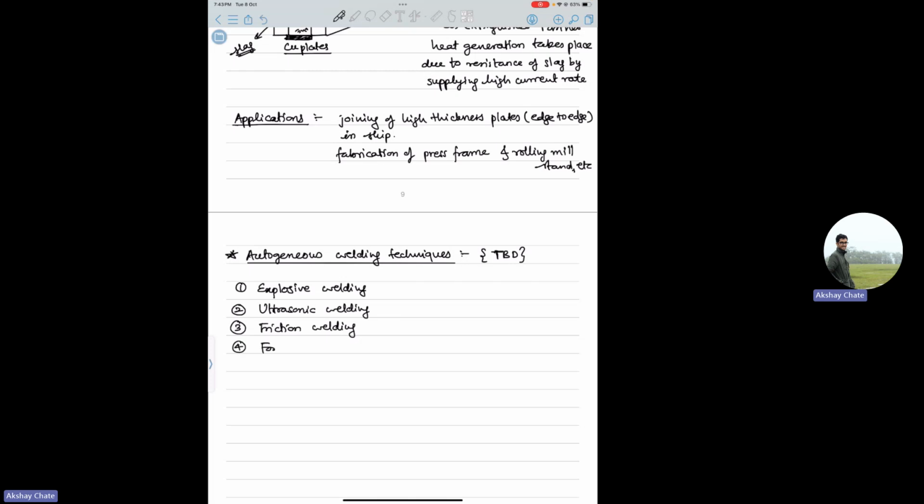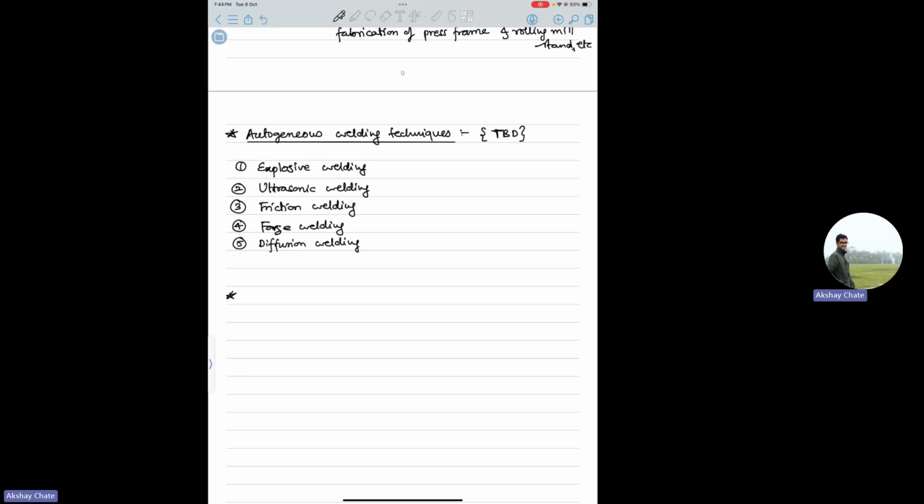Then you have forge welding, then diffusion welding. Then there are some other categories, electron beam welding and laser beam welding, etc. Those things are there; we'll see them later. That is for autogenous.